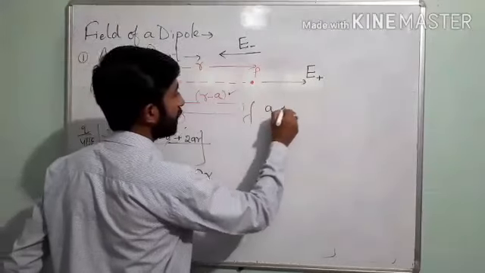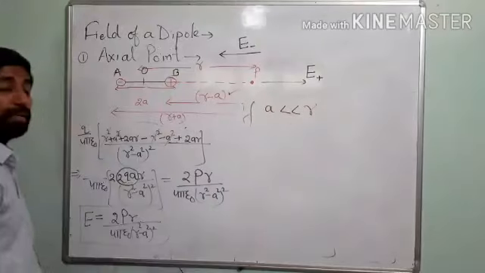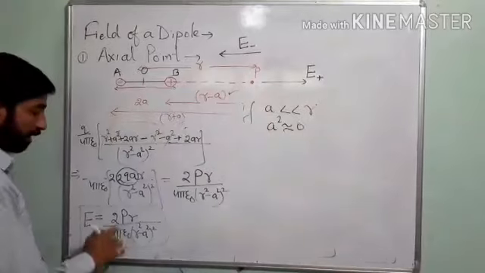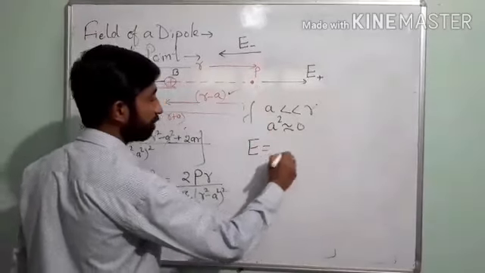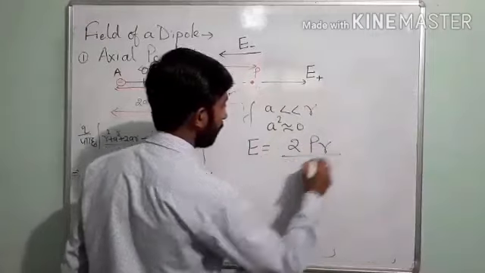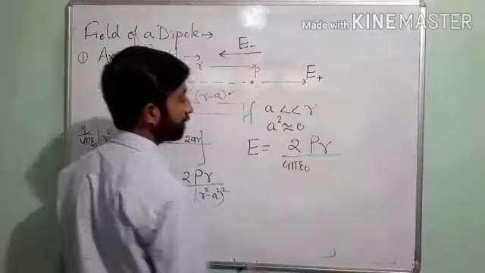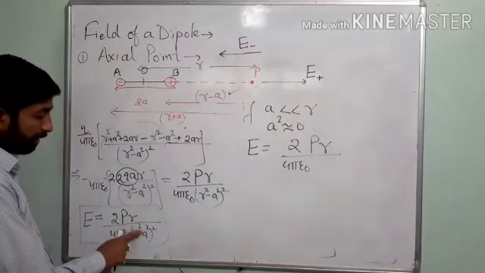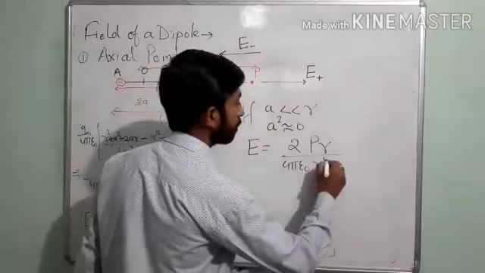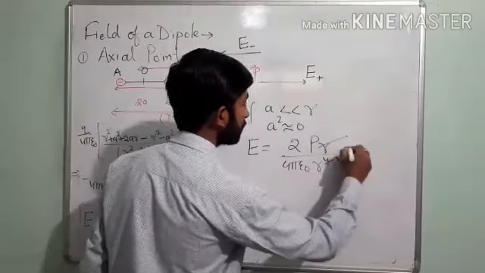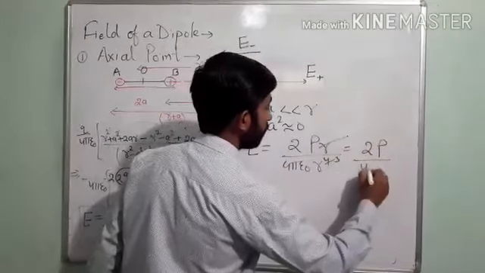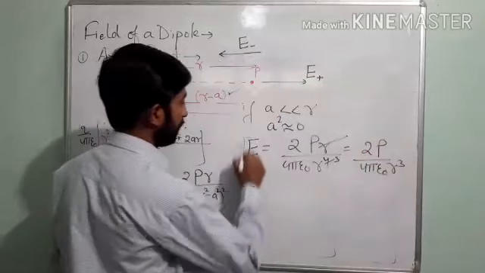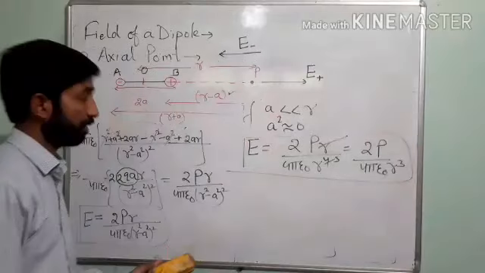If A is very small, then A square is equal to 0 compared to R square, and we are left with twice P R over 4 pi epsilon naught R to the power 4. One R cancels, that is twice P upon 4 pi epsilon naught R to the power 3. This is the expression for the electric field.